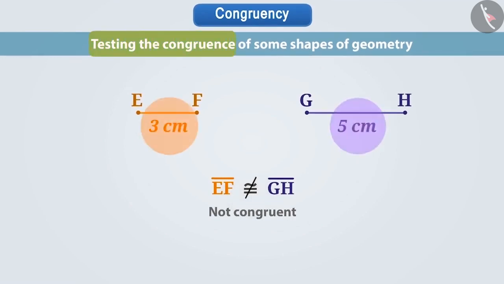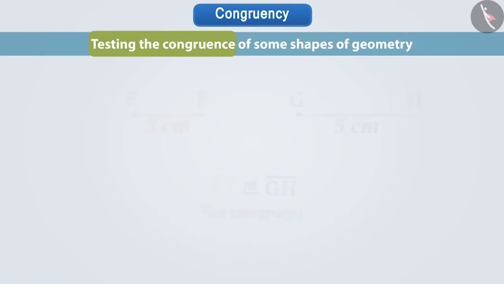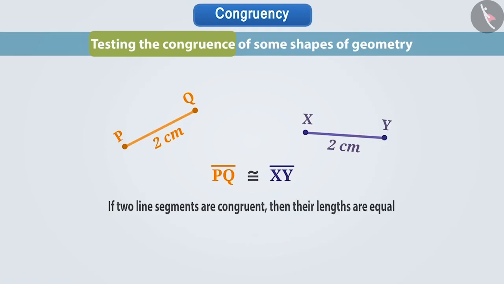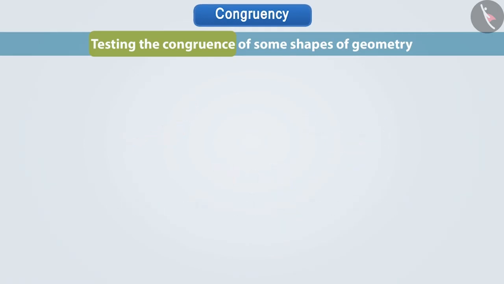Therefore, the congruency of the line segments is checked only on the basis of their length. No matter what the position of the line segments is, if the lengths of the line segments are equal, then they are congruent. On the contrary, we can also say that if two line segments are congruent, then their lengths are equal.